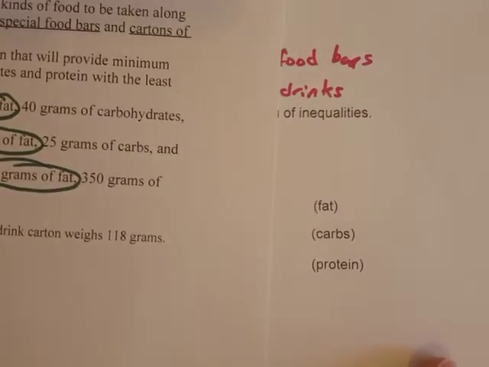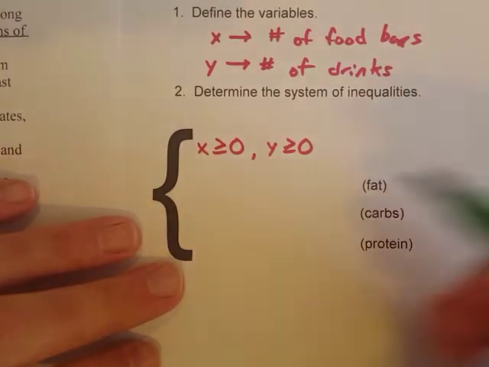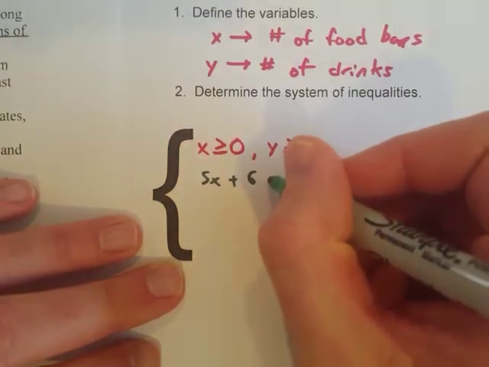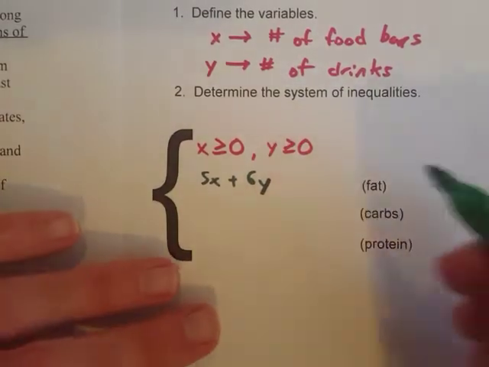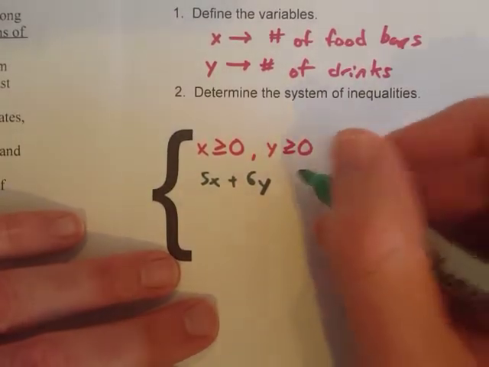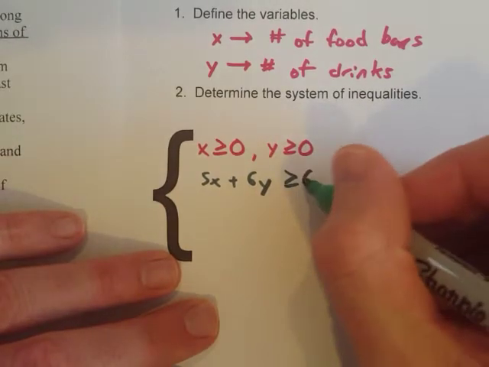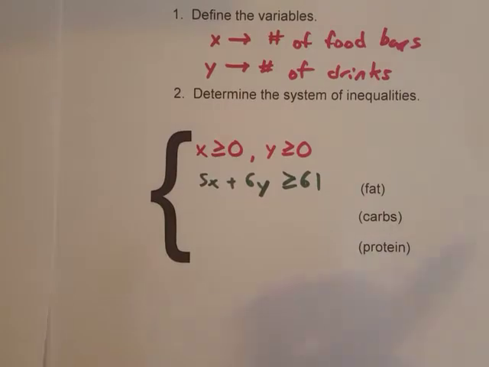So if I've got 5 from the food bars and 6 from the drink cartons, I can express that as 5x plus 6y. Now I said that our minimum daily requirement for the fat was 61 grams, so whatever this is can be greater than or equal to 61, and that's going to take care of fat in this case.